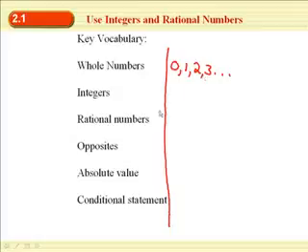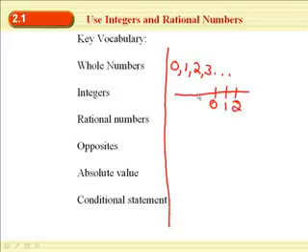And then integers is also a set of numbers, and it's in the same sentence as whole numbers. Integers include, if you think of a number line, here's 0 in the middle. The positive numbers go to the right, and they go that way forever.